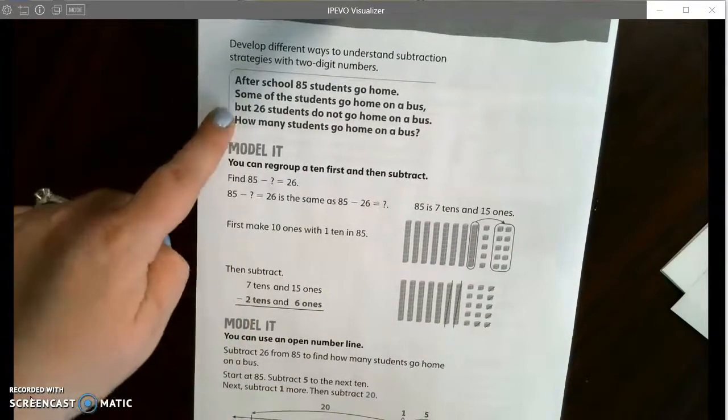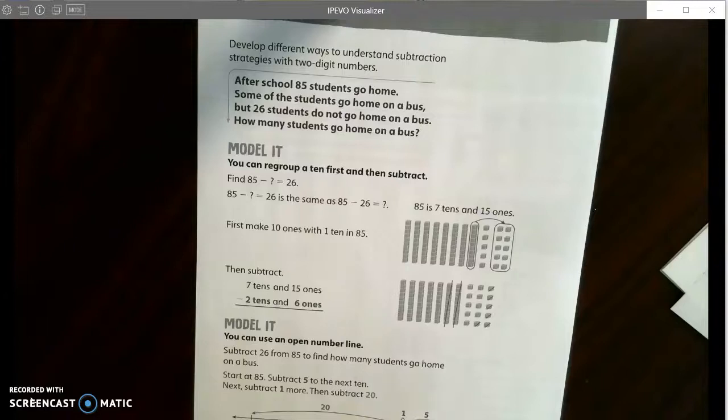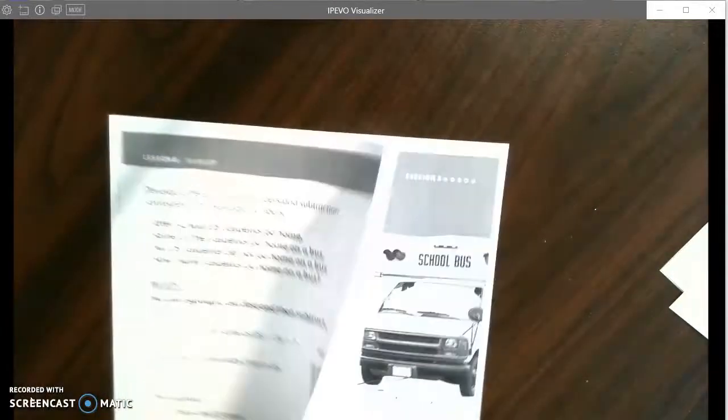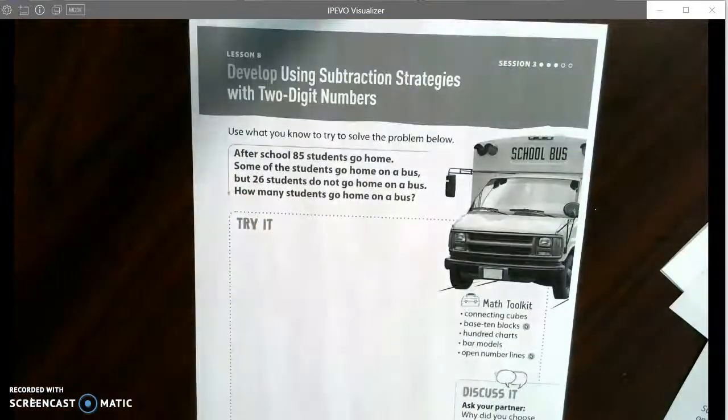This is the same problem up here. And the two strategies that the book is saying that you can do is to regroup a 10 first and then subtract. So let's look at why we have to regroup a 10 first.